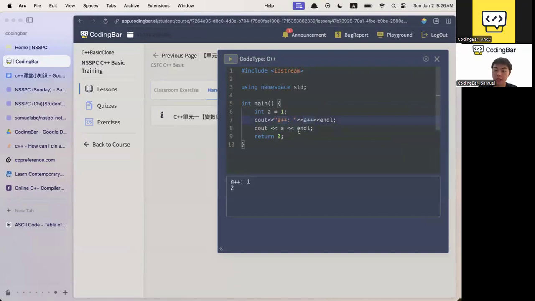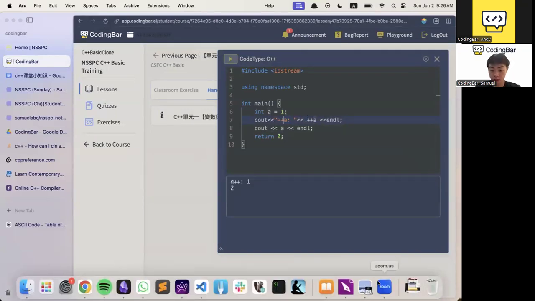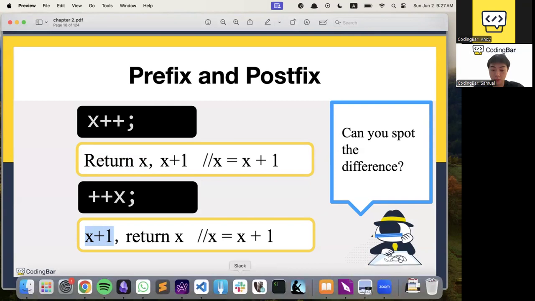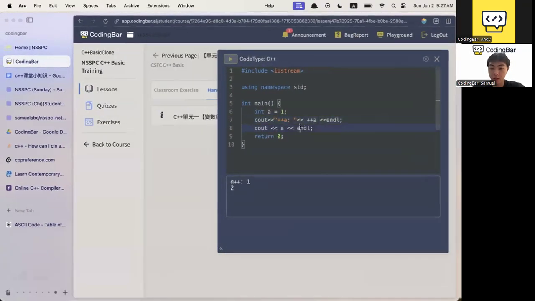How about ++a? Let's try ++a. What would you expect? In ++a, we make x equal x plus 1 first. Only after that, we return x. So in our case, with ++a, we make a plus 1 first, and then only after that, we return a.